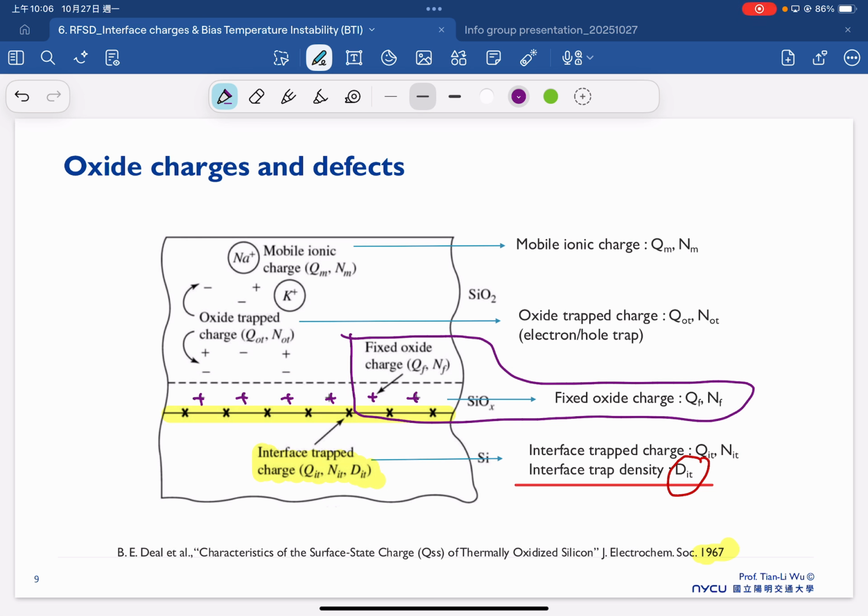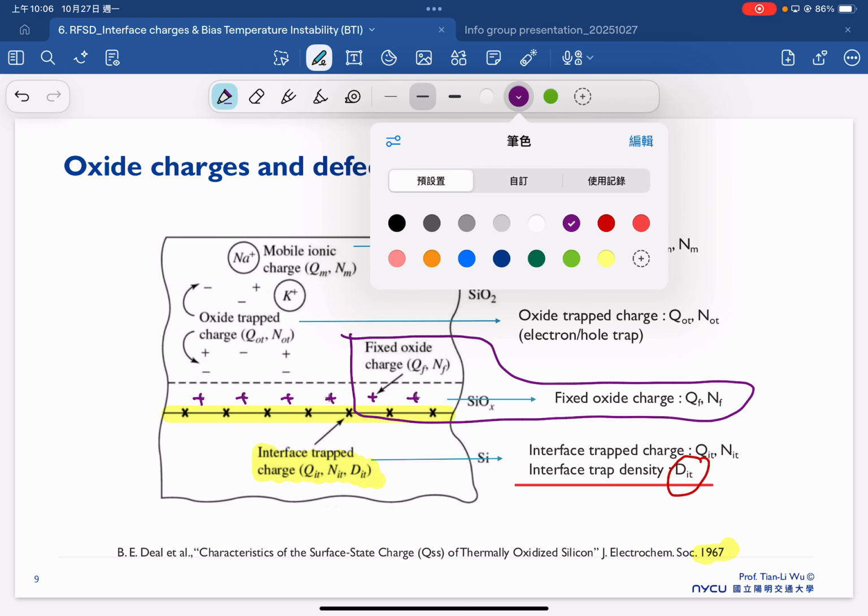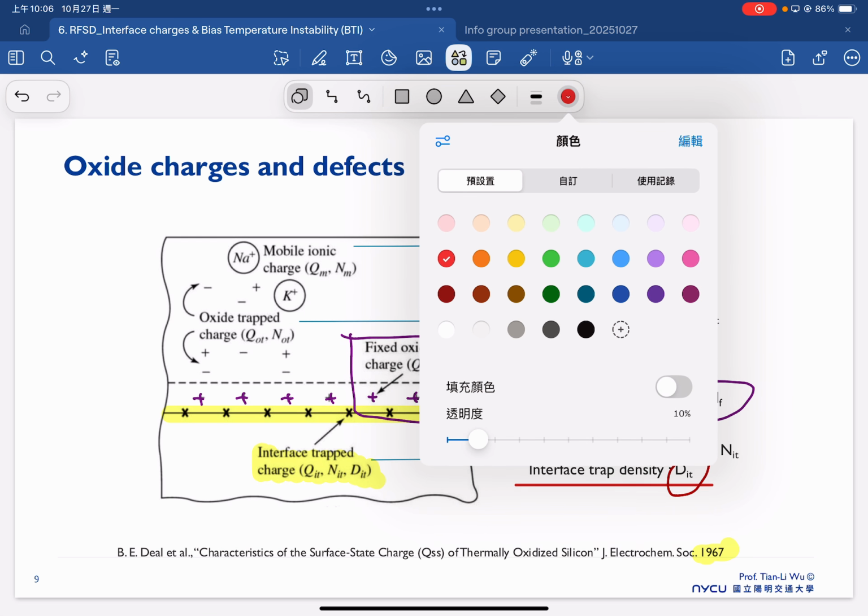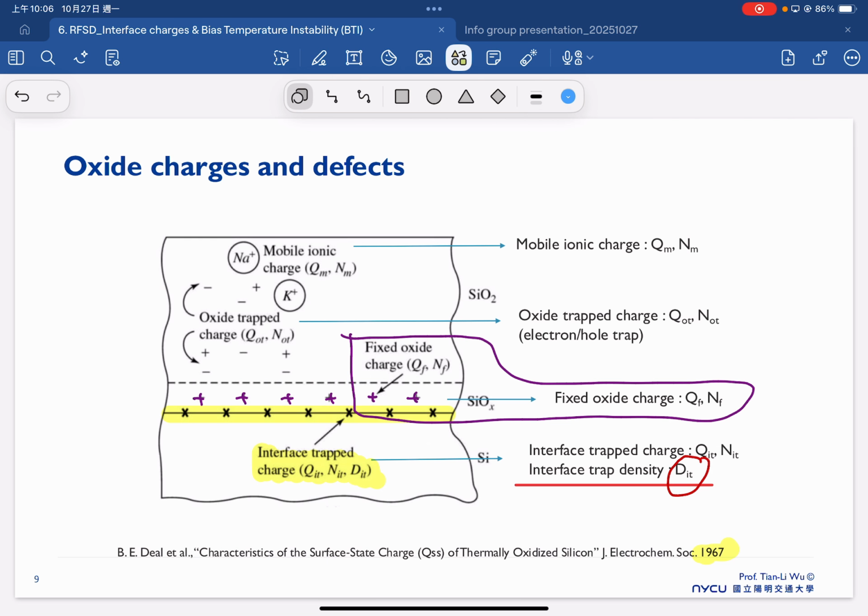And if we go further, we will see another one, which is happening inside the dielectric. That's what we call the oxide trapping charge. Why do we call it the oxide trapping charge? Because this is the charge happening inside the dielectric. It's not near the interface, it's a little further into our dielectric.